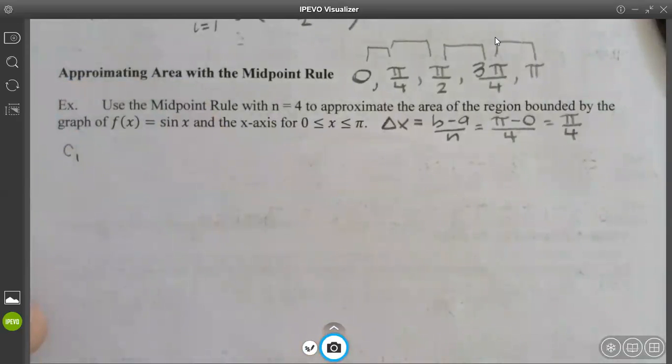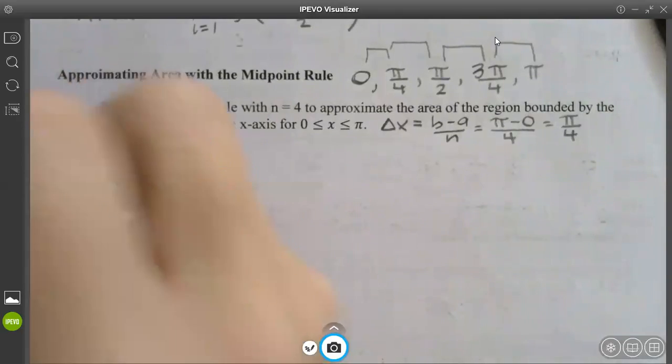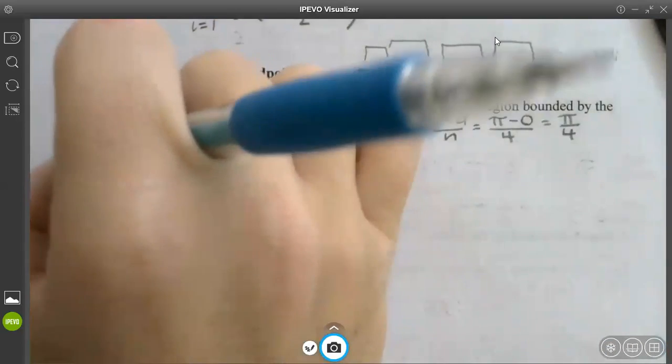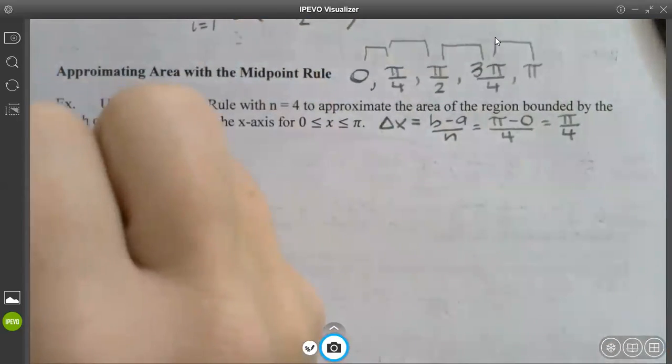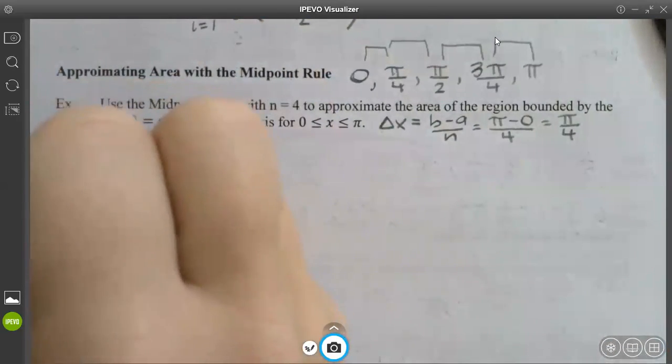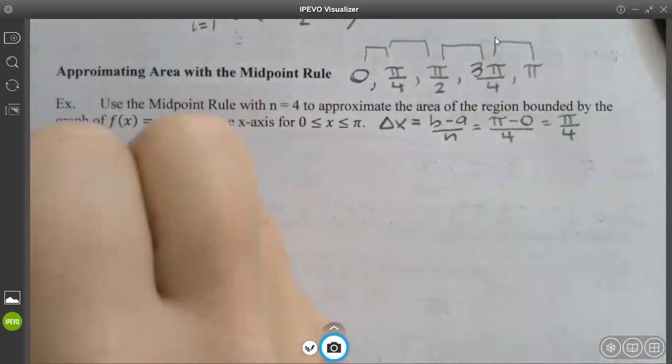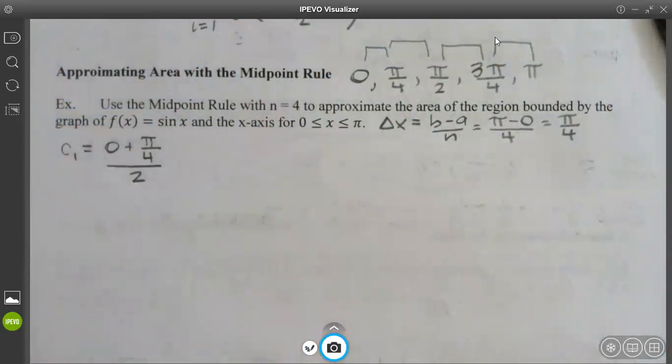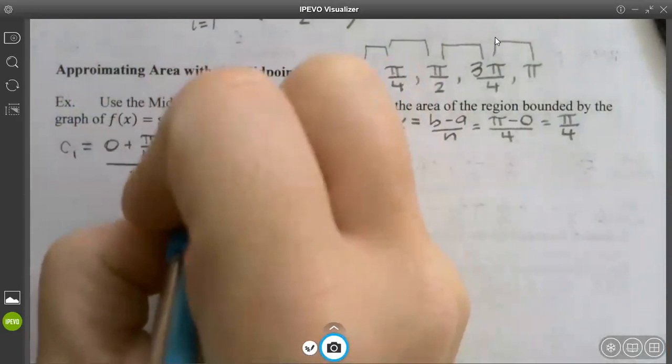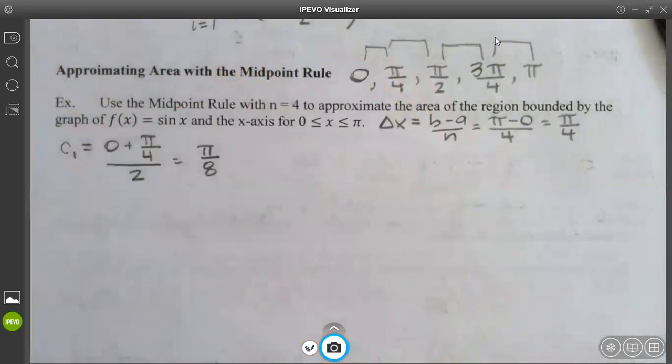So our first rectangle, what are our 2 endpoints? So we add them, and divide by 2. You can do that in your calculator. 1/4 divided by 2 is actually 1/8, which will give you pi over 8. Keep it in terms of pi.